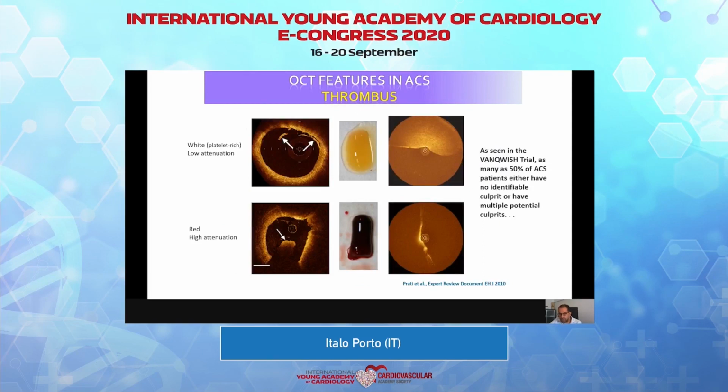Thrombus is very clearly seen with OCT. It's a feature you should not miss. And you can also infer the composition of the thrombus, because you can see white thrombus, which has low attenuation, as well as red thrombus, which has high attenuation, and you don't see beneath the thrombus.